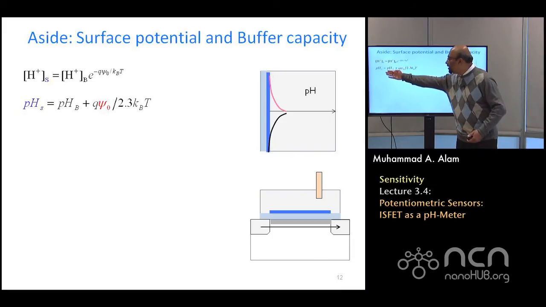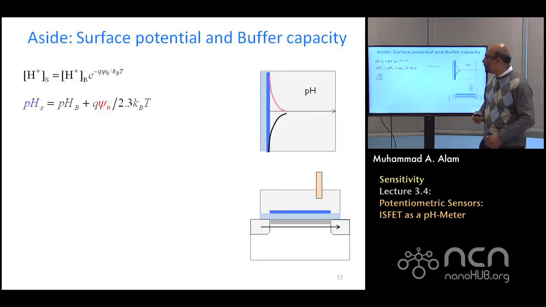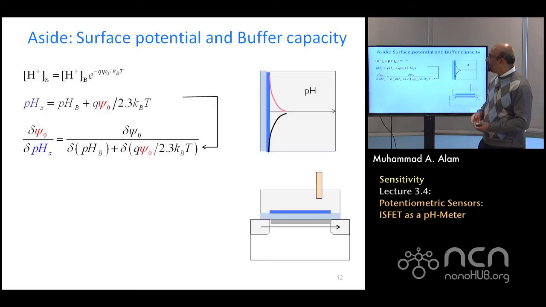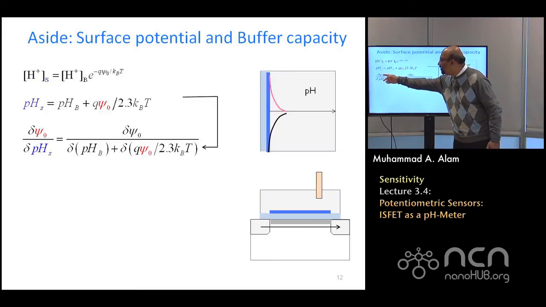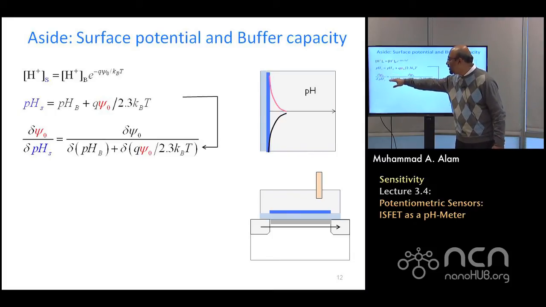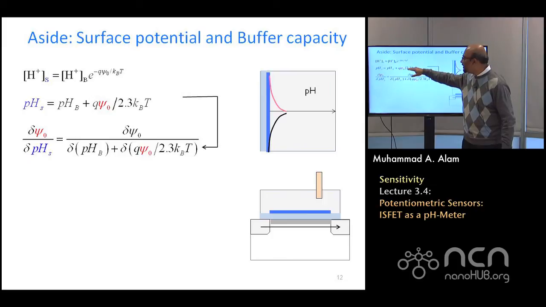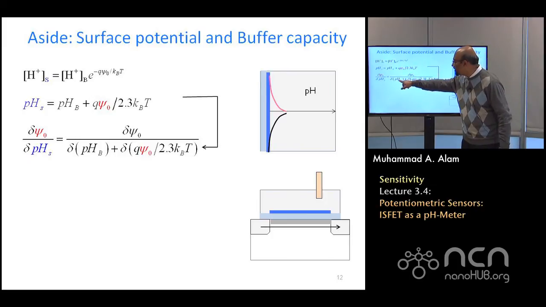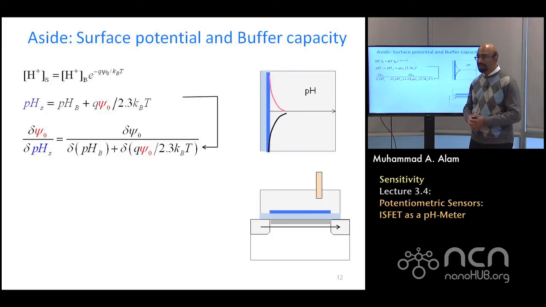If you take a log, the surface pH will be slightly different from the bulk pH through this potential. And if you wanted to take a derivative of how the surface potential changes with respect to the surface pH, all you would do is in the numerator write this particular expression that relates the bulk concentration with the surface potential.